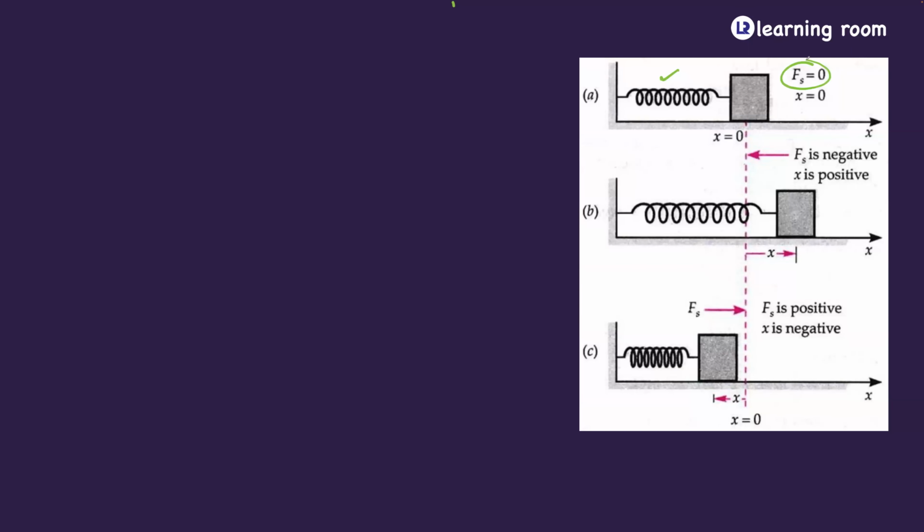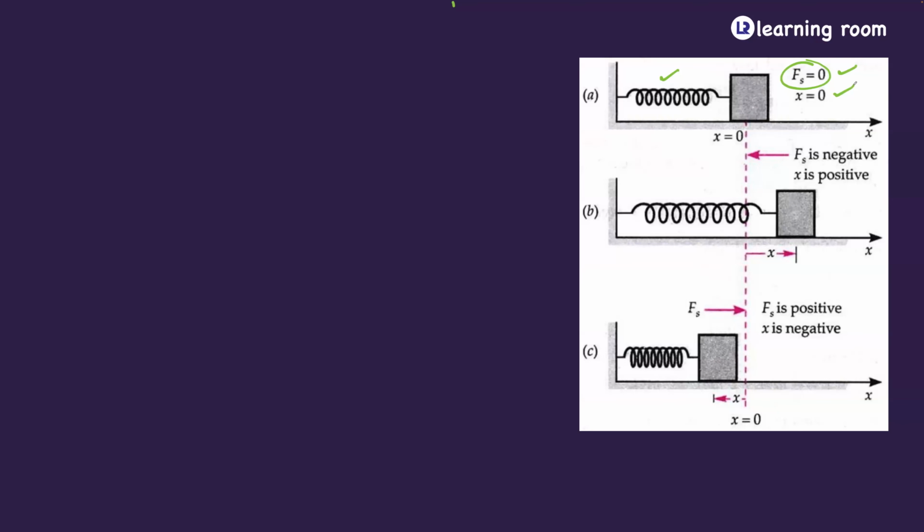If you take the center of this block to be x equal to 0, then there is no elongation in the spring. There is no extension or compression in the spring. So Fs is 0, meaning the force on the spring is 0, and x is equal to 0.